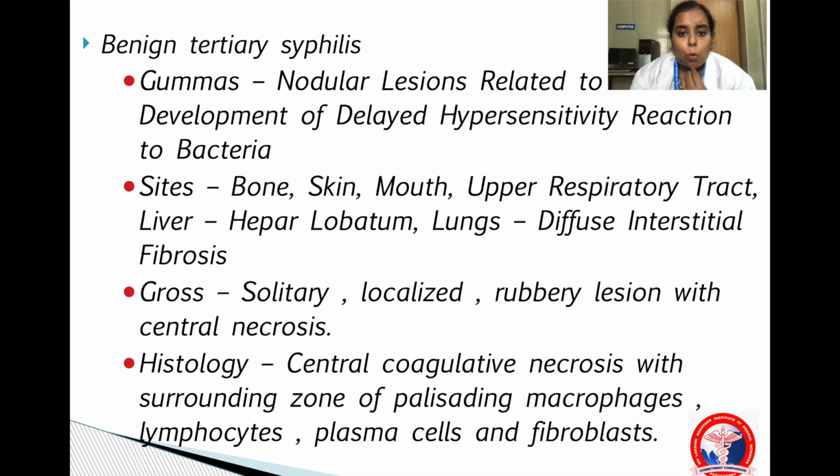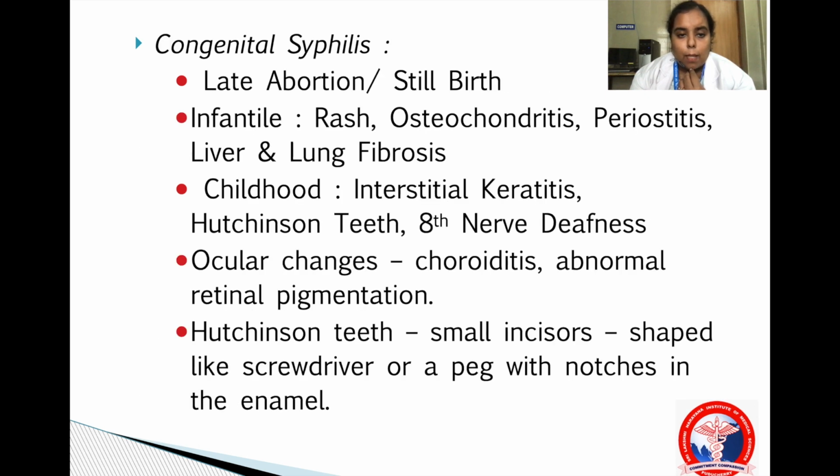Sites include bone, skin, mouth, upper respiratory tract, liver, and lungs. Grossly there will be a localized rubbery lesion with an area of central necrosis. Histology shows coagulative necrosis with palisading macrophages, lymphocytes, plasma cells, and fibroblasts.